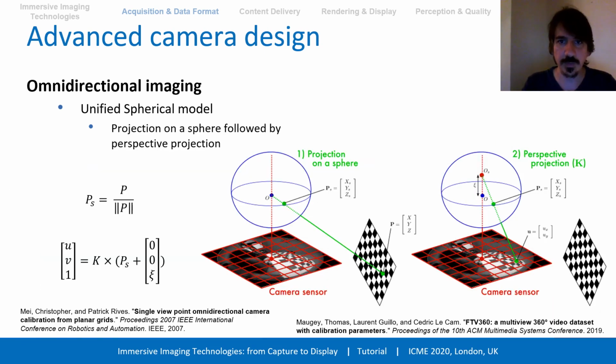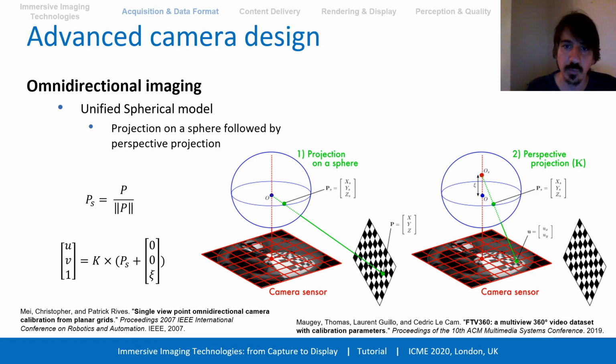As for traditional 2D cameras, it's very useful to have a model which allows connecting 3D world space coordinates to the 2D pixel coordinates. So obviously for omnidirectional cameras we cannot directly use the pinhole camera model, but the unified spherical camera model is the one commonly used. And it's valid for both mirror-based or fisheye-based cameras. In this model, we have a first step where a point in 3D space with coordinates x, y, z is first projected onto the unit sphere centered at the camera position.